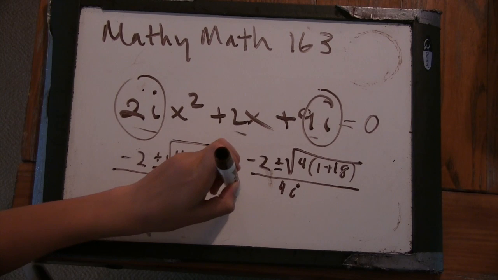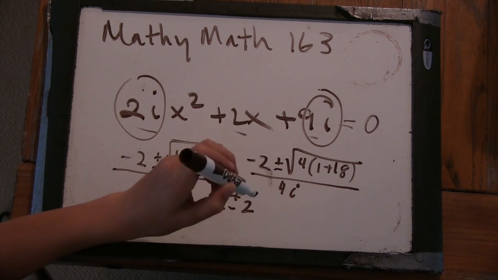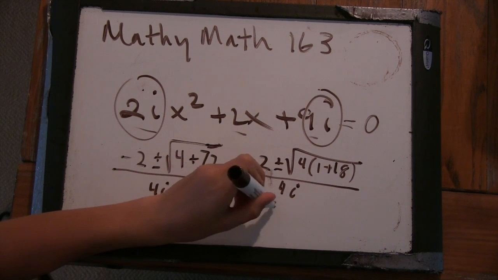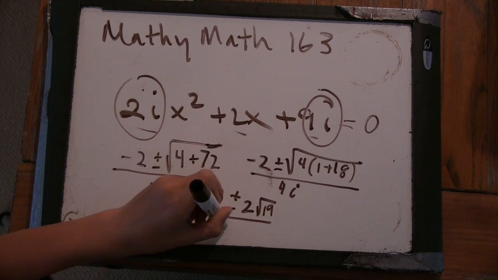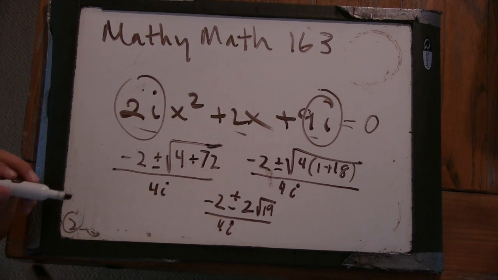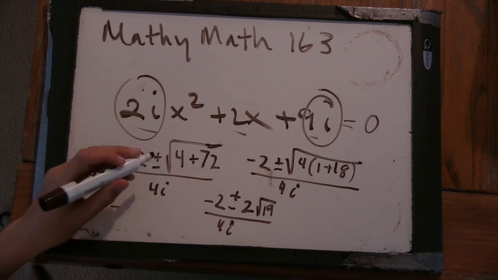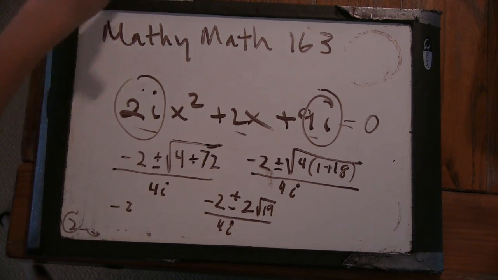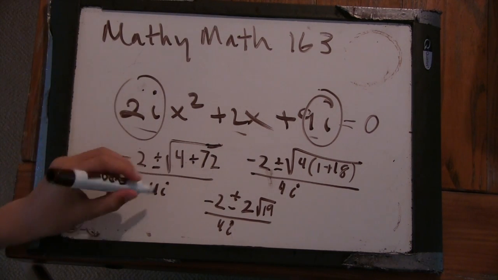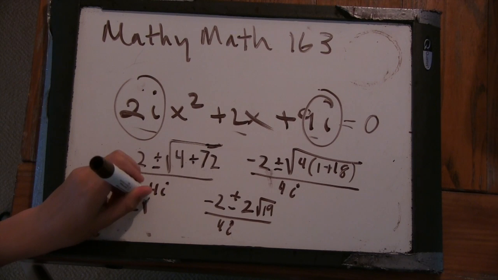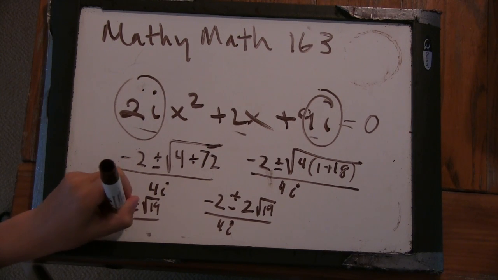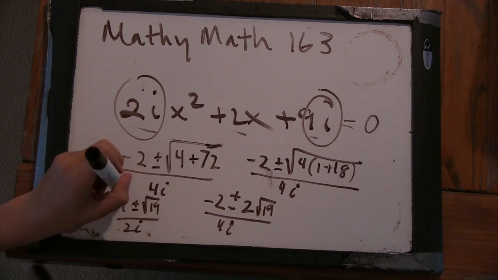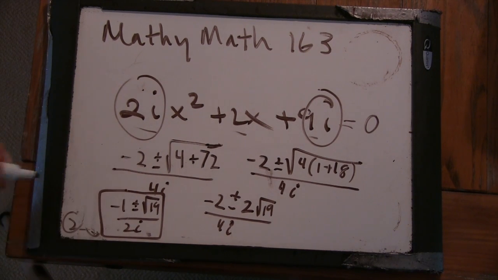So minus 2 plus or minus 2 root 19 over 4i. Alright. Then minus 1 plus or minus root 19 over 2i. Okay. Interesting.